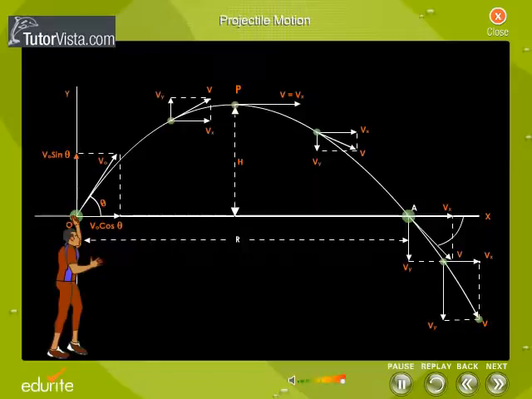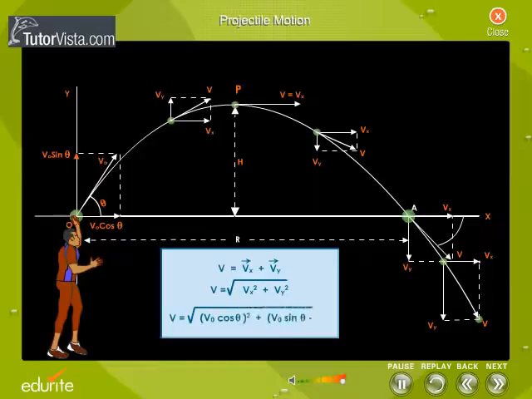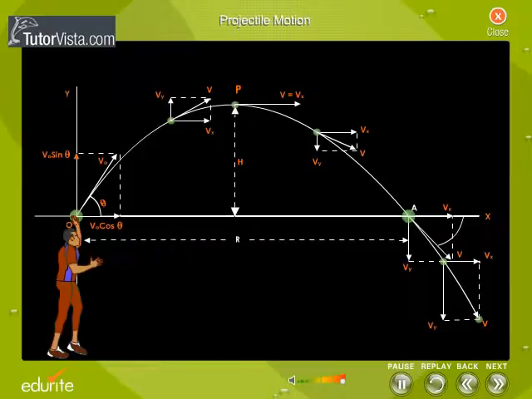Let us now find out the resultant velocity of the projectile at any instant. The resultant velocity v is equal to vector vx plus vector vy. By the parallelogram law of vectors, v is equal to the square root of vx squared plus vy squared. v is equal to the square root of (V0 cos theta) whole squared plus (V0 sin theta minus gt) whole squared.